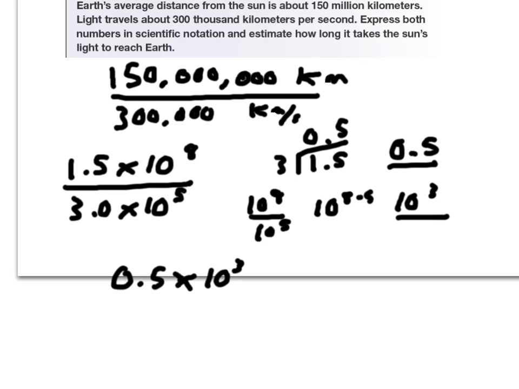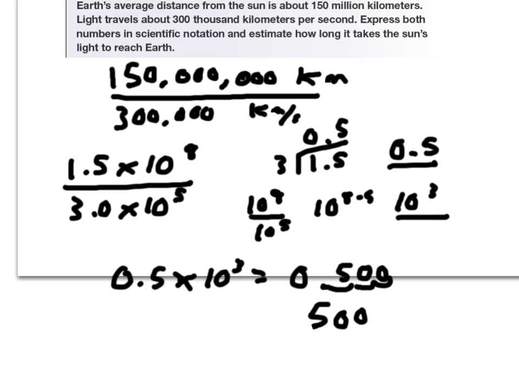Okay, well again, the first number is not between 1 and 10, so we have to first write it in standard notation. So 0.5 times 10 to the 3rd means we have to move the decimal 3 times, 1, 2, 3, and fill in zeros. Okay, so that is about 500.